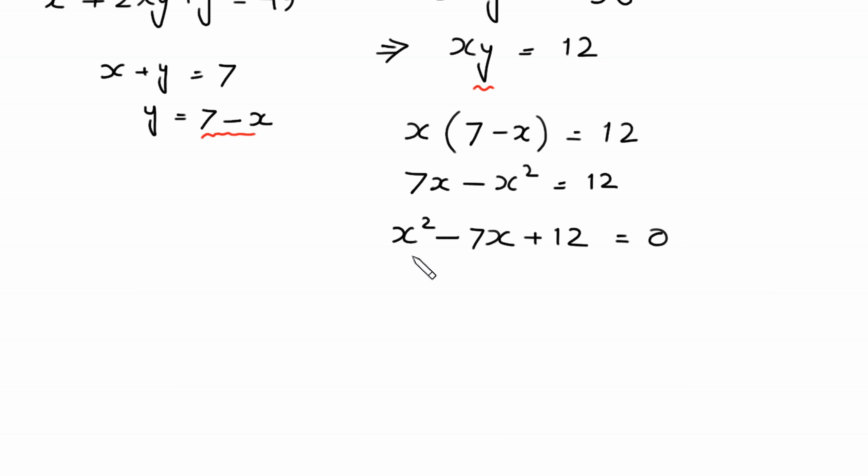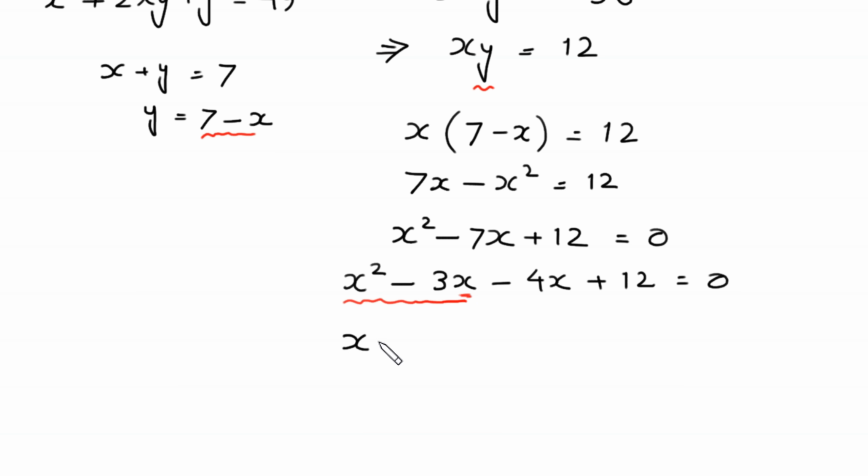Now this is a quadratic equation and is factorable. So we solve it by factorization. We write this x squared as it is, x squared, and we break this negative 7x as negative 3x minus 4x plus this 12 is equal to 0. Now from these two terms, x squared minus 3x, we can factor out x.